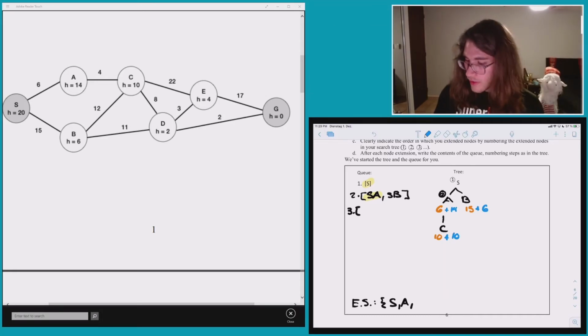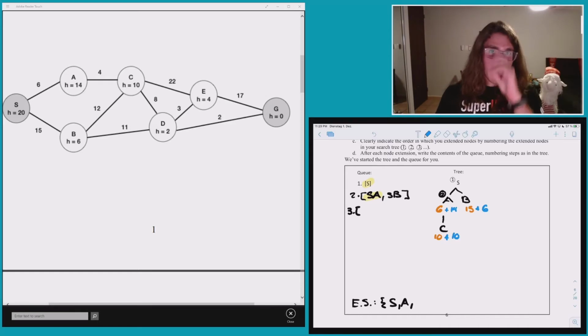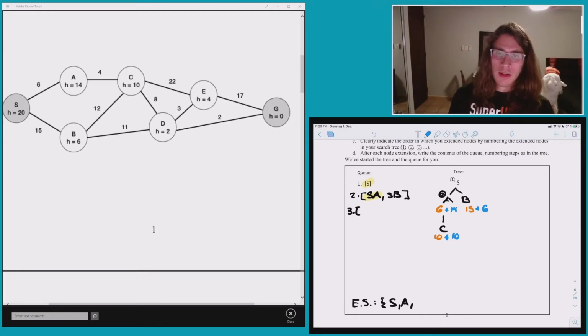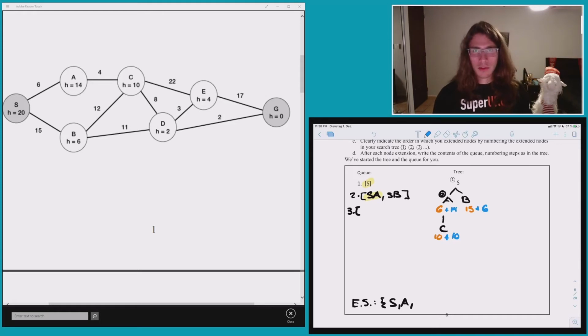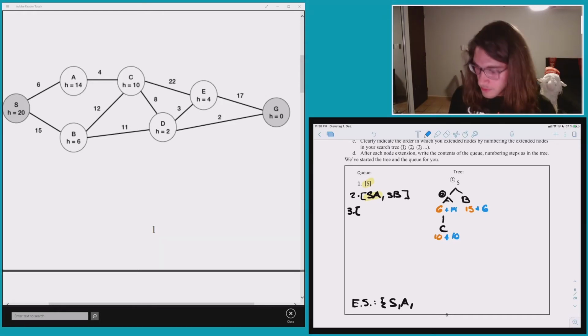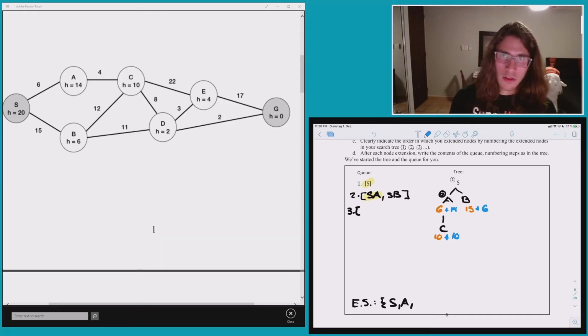And the reason is, heuristics in the way we use them are an estimate of the distance from the current node to the goal, so once I am at C, I'm no longer interested in the estimate from A to the goal. I'm interested in the estimate from C to the goal, but path length is still relevant because I've traveled a particular distance to C. So that one is cumulative.